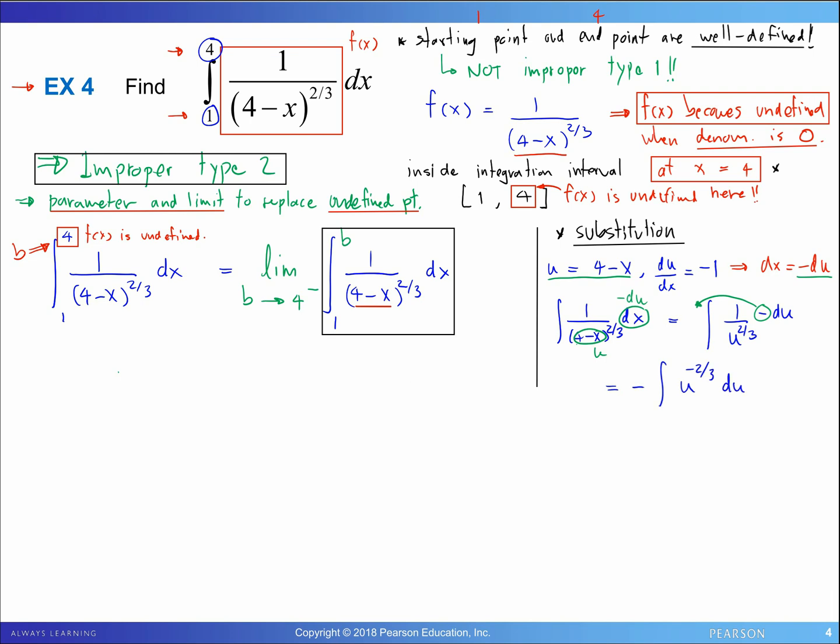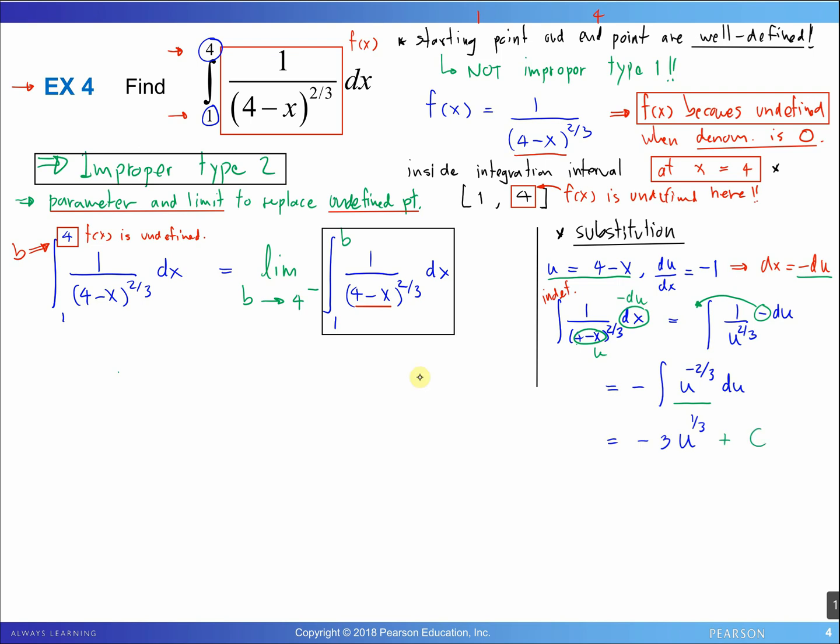And now we find the antiderivative of this. u to the power of minus 2 over 3 is now equal to minus at the front, u, power increases by 1, so we have 1 over 3 divided by 1 over 3. So we have 3 at the front. As you know, this is indefinite integral, so we have a constant c at the end.